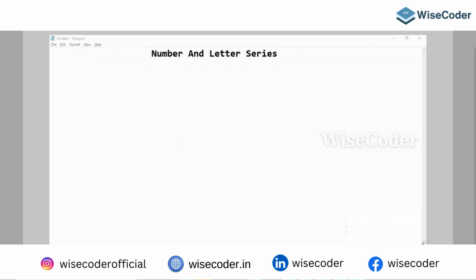Okay, let's look at the second category. The second category of questions is where a series of numbers or letters is given, and the student is required to count how many numbers or letters in that series satisfy a given condition and mark that as the answer.